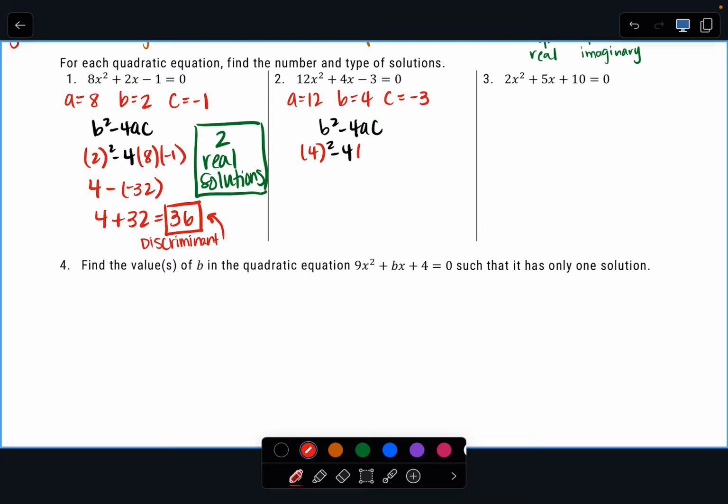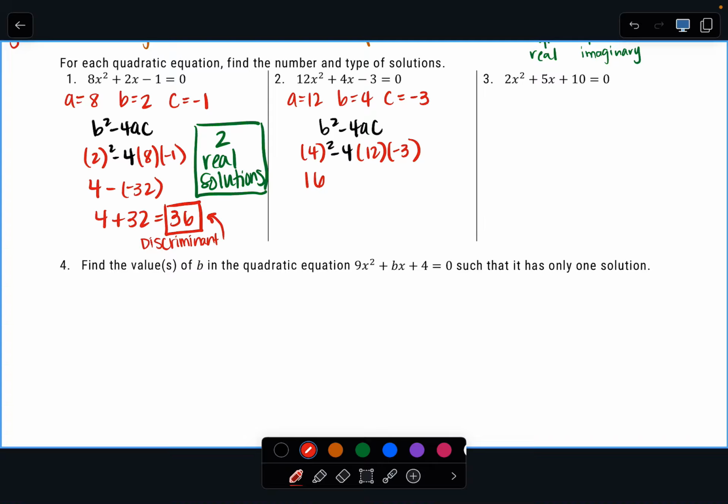My a is 12. And my c is -3. So 4 squared is 16. And then if you get stuck with 4 and 12 and 3, multiply the smaller numbers first. Sometimes that helps. What's -4 times -3? Positive 12. And what's positive 12 times positive 12?